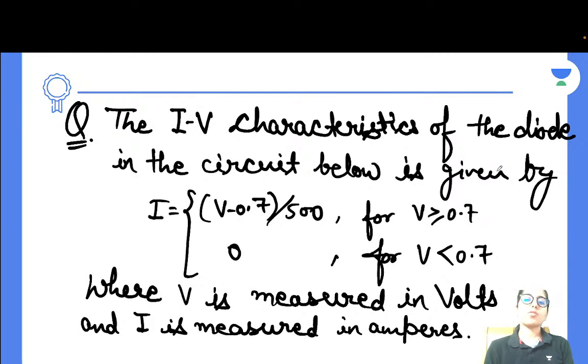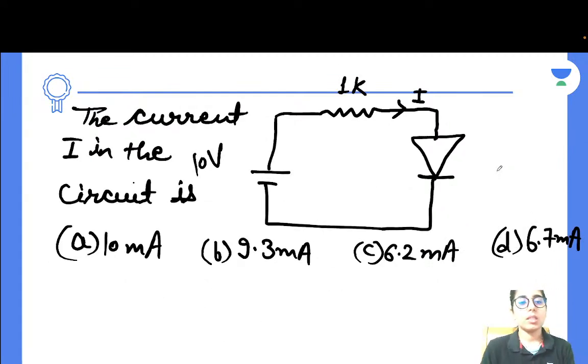So the IV characteristic of the diode in the circuit below is given by that expression, showing what the current expression is for different voltage ranges, where V is measured in volts and I is measured in amperes. The current I in the circuit is, so you can see the battery is given as 10 volts, and then a 1 kilo ohm resistance and the diode.